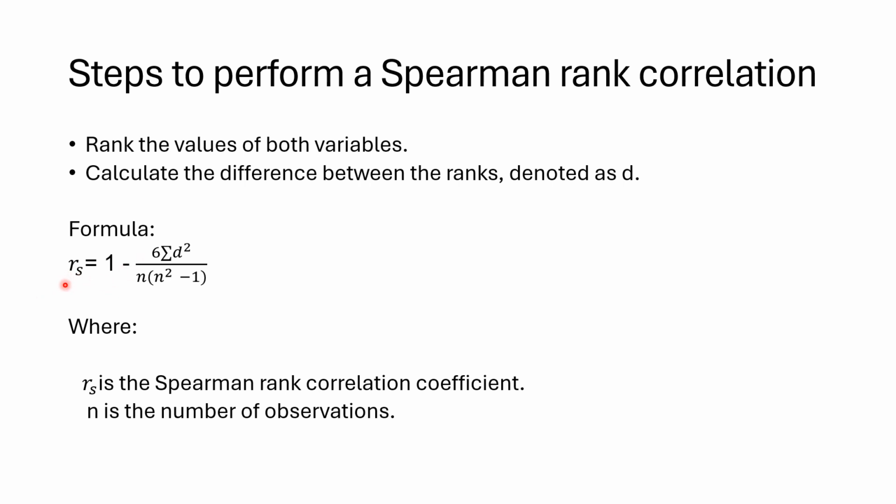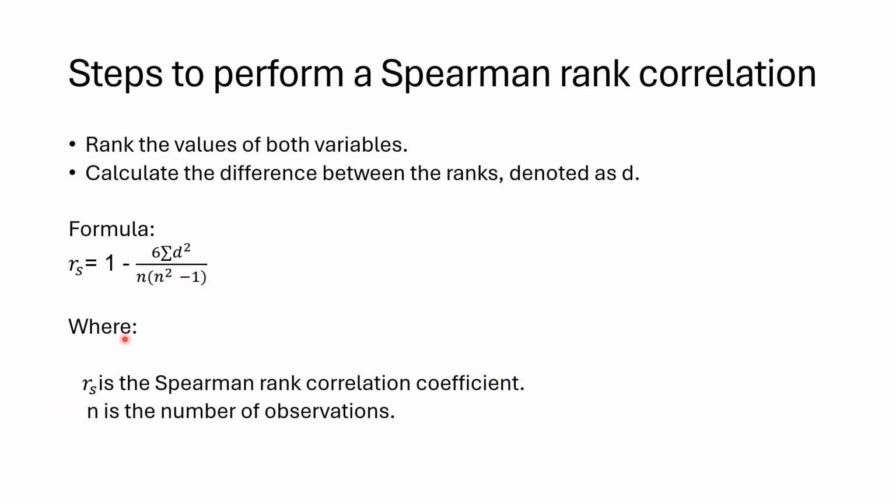Just to distinguish it a bit from the Pearson correlation, Spearman rank correlation is denoted with r_s, which is equal to 1 minus the fraction of 6 summation d squared, remember the difference, divided by n, the number of observations, into bracket open, n squared minus 1.